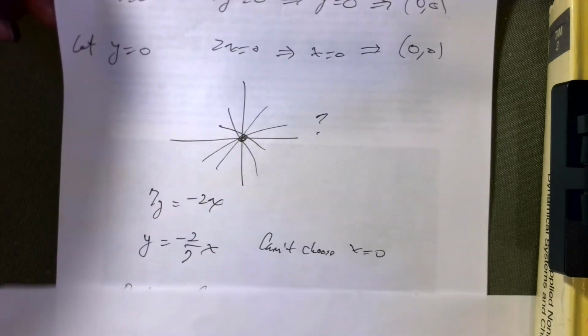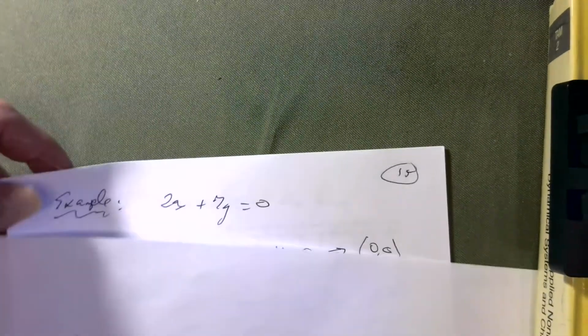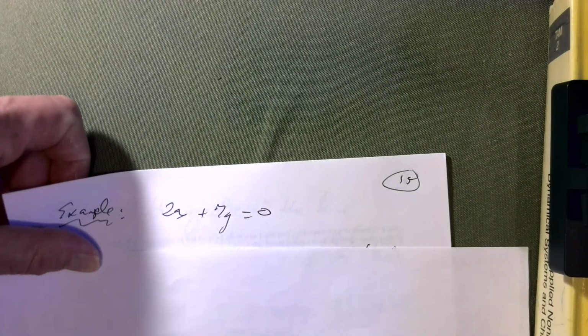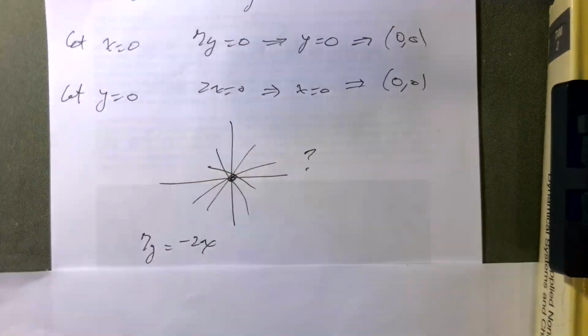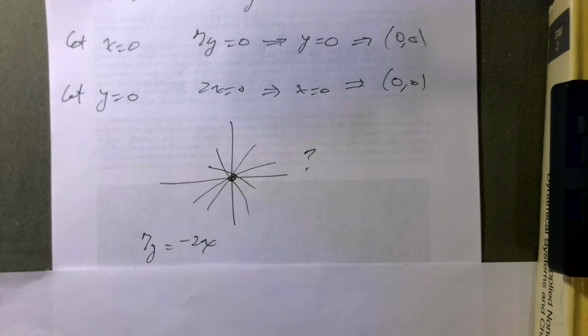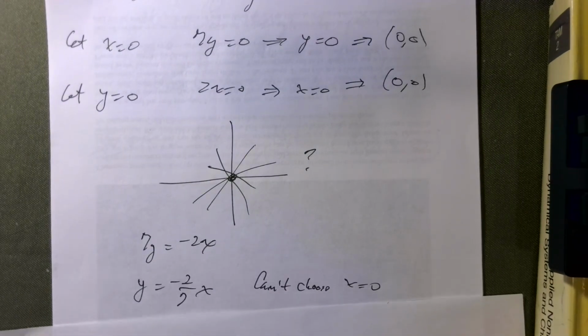I go back to my equation right here, and I'm just going to solve for y, so I subtract 2x from both sides, and then to get y all by itself, I divide by 7. Now, we cannot choose x to be 0 because that just gets us y to be 0. We haven't gotten any new information.